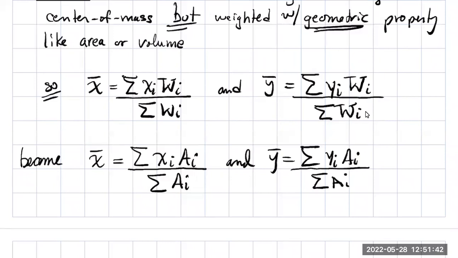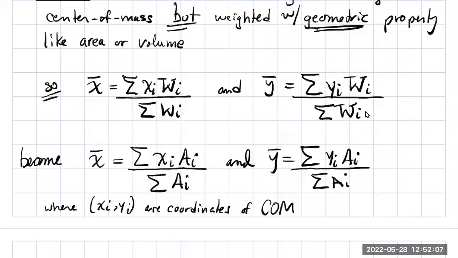Okay, so these are the coordinates, gang, for the center of mass for 2-dimensional shapes. Let's make a note where X sub I and Y sub I are the coordinates of the center of mass of the ith area. Now the assumption here, gang, is that the areas all have a uniform or constant density throughout.